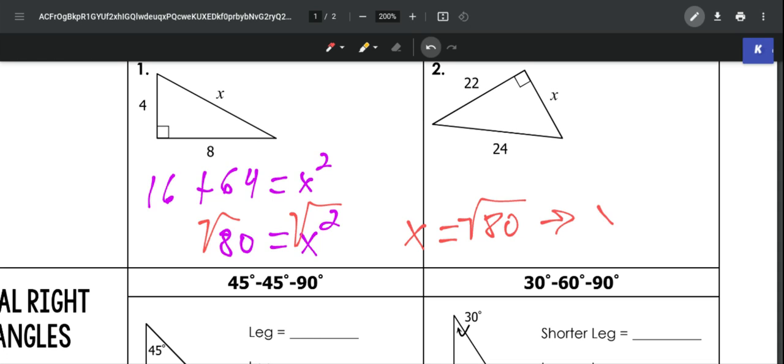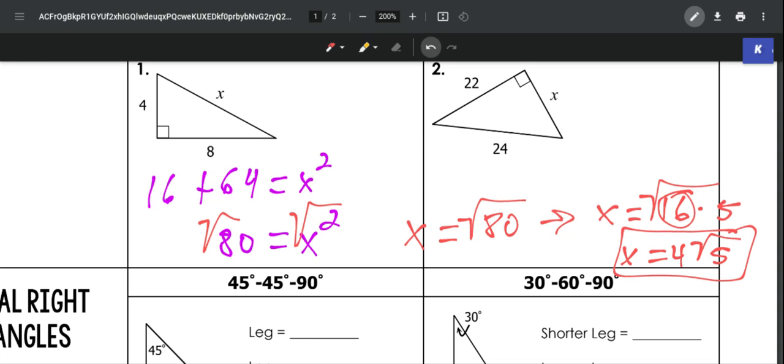So we need two numbers that will be multiplied to give me 80, and I need my greatest factor that's a perfect square. For this, I could use 16 and 5. So 16 times 5 is 80, and then the square root of 16 is going to give me 4 on the outside. So I'll have x is equal to 4 times the square root of 5, or 4 radical 5.